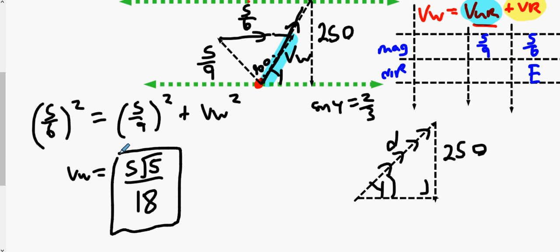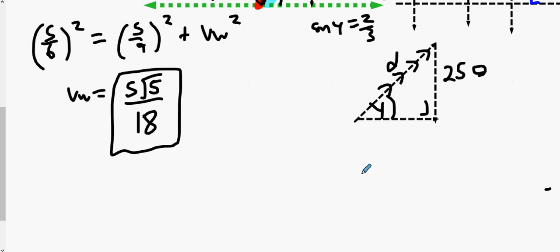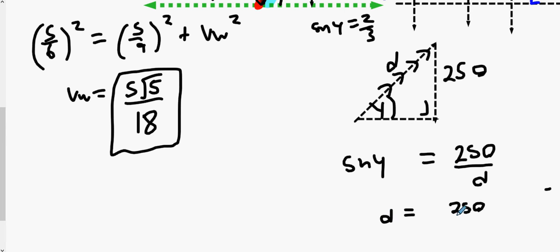So sine y is 250/d, so d equals 250/sine y, and sine y is 2/3. So 250 divided by 2/3.